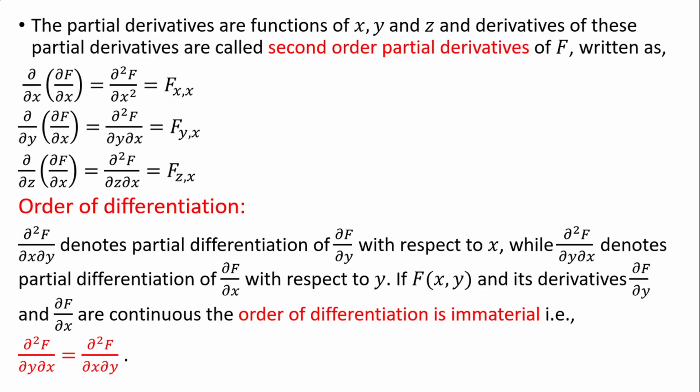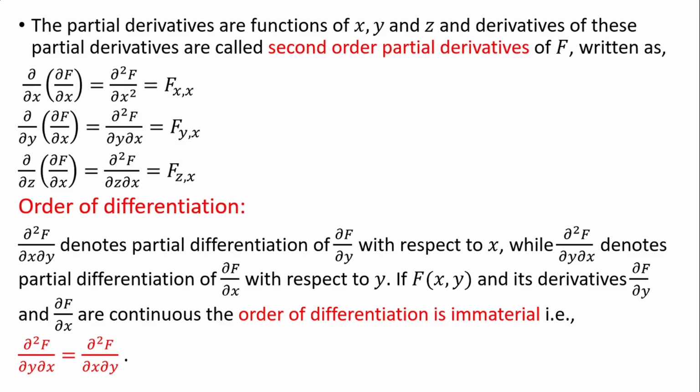Thus, there is an order in second order partial derivatives, and it is important to note that this order, which is called the order of differentiation, is immaterial. That means the second order partial derivative ∂²f/∂y∂x, where the order is yx, f_yx, is equal to ∂²f/∂x∂y, that is f_xy.